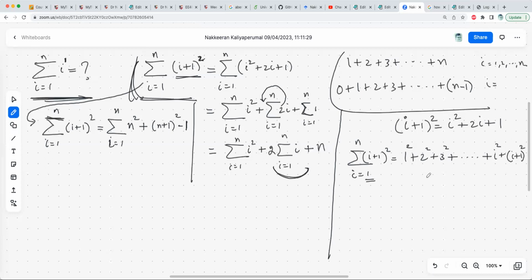You get that? Because it has to go up to n. Okay, I should have written n, not i. Because when you substitute the running variable value, the very last one will be, since it is running up to n, n squared plus (n plus 1) whole squared.